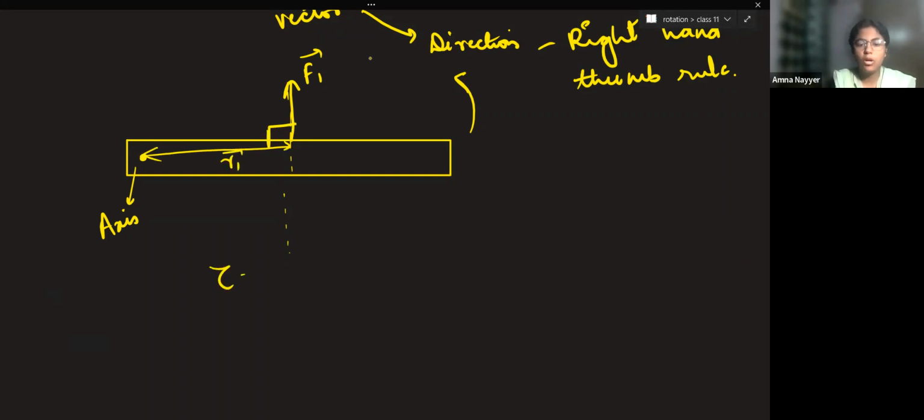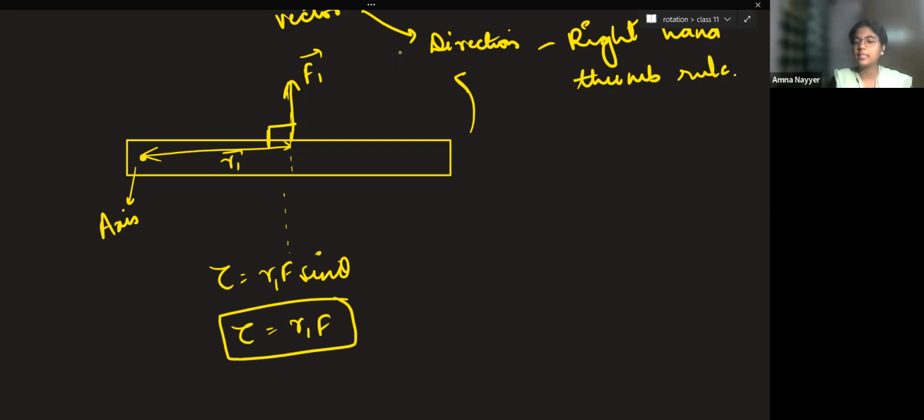So torque you can write as R1 F sine theta. Here the angle between R and F is 90 degrees. So torque will be R1 into F. This will be the answer.